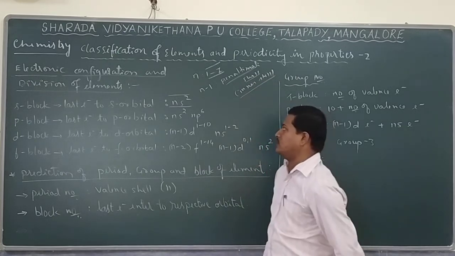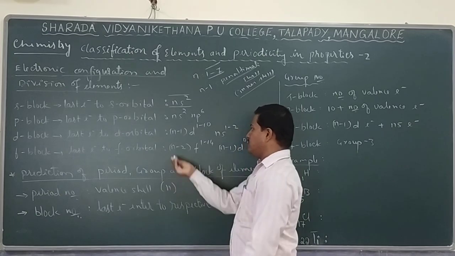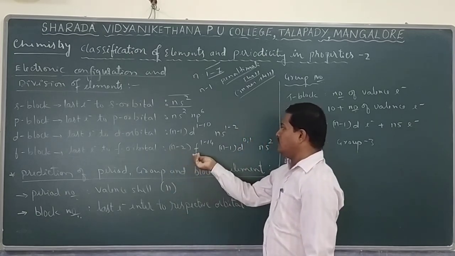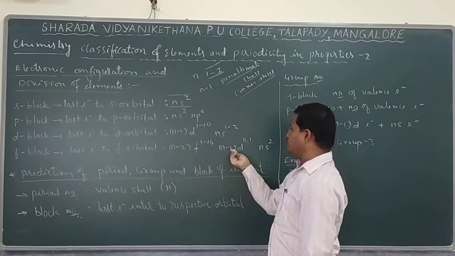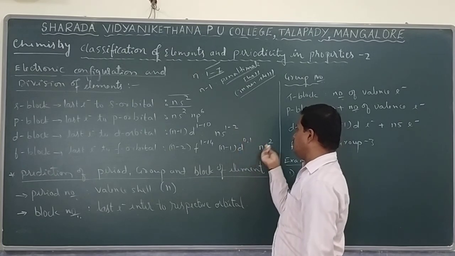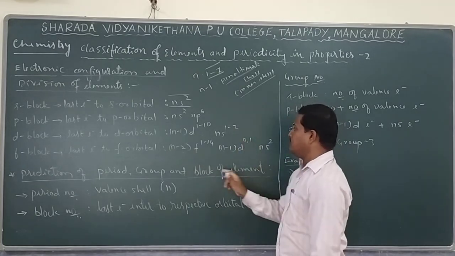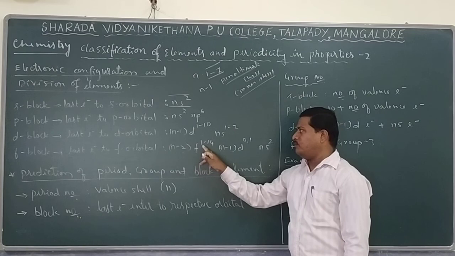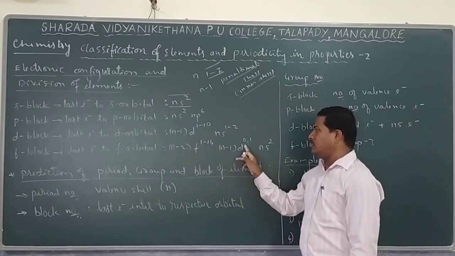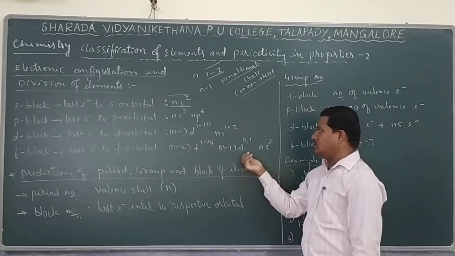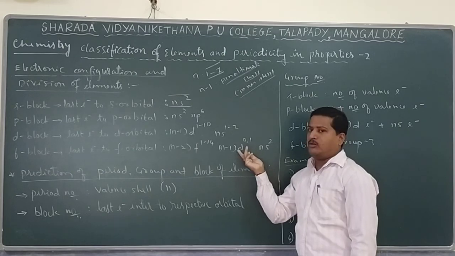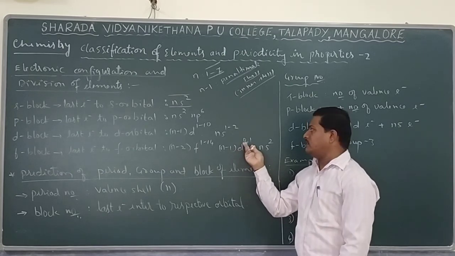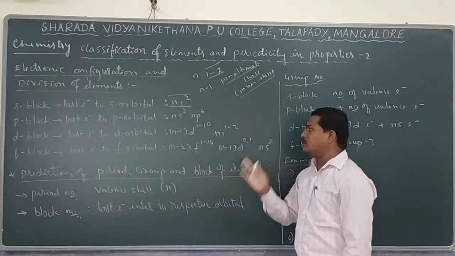And next, for an f block element, it is (n minus 2)f1 to 14, (n minus 1)d0 or 1, ns2. This is the general electronic configuration. That means in the f block, the d orbital is not occupied completely; either 0 electrons or in some cases 1 electron is present.